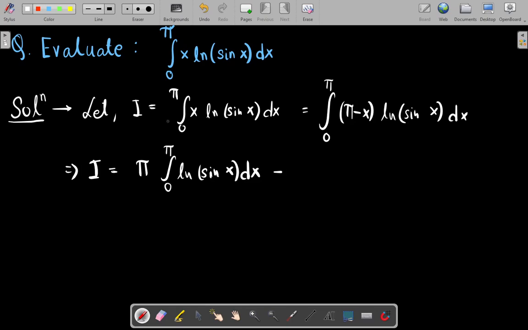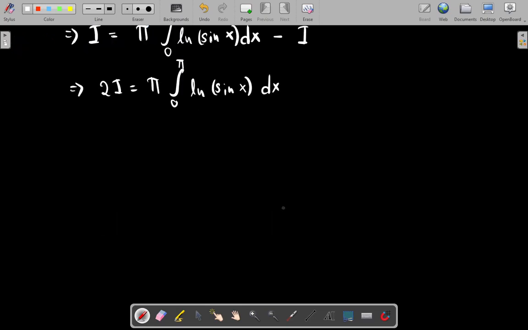So this again becomes the original integral, I. So from here we have 2I equal to pi times the integral from 0 to pi of ln sin x dx. So we get I equal to pi by 2 times the integral from 0 to pi of ln sin x dx, right?